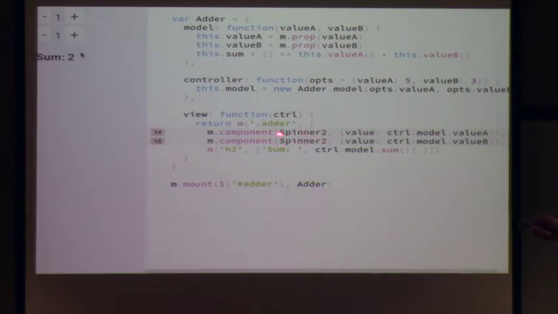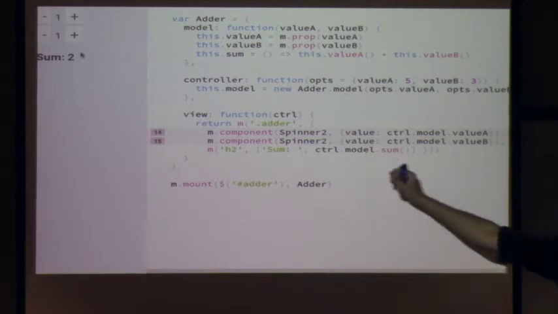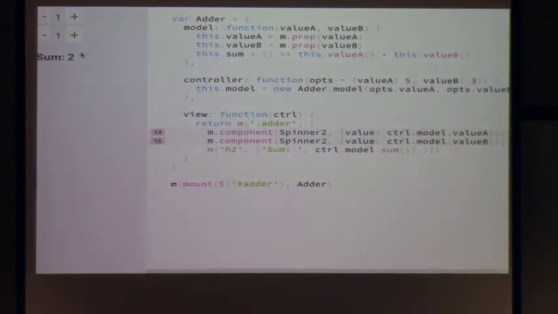Mithril is saying, okay, render this component inside this view over here. Rather, we're calling view. And inside of it, we've got our little component. What Mithril does is it holds on to this instance of that component and calls its view function and renders that inside this array. So is the component your tag or no?